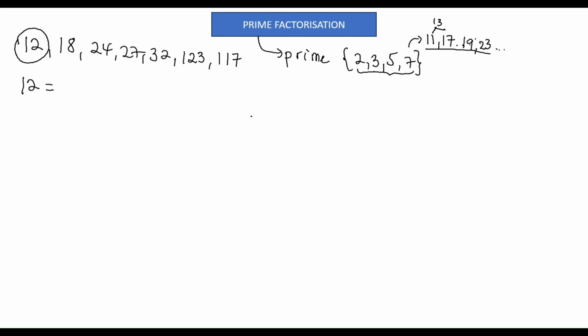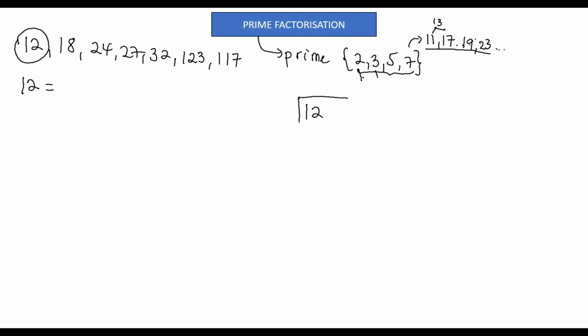Let's start with 12. How do I find the prime factors of 12? We need to actually divide the number. We are going to divide by one of these primes.